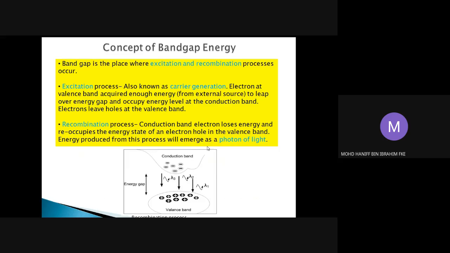This energy emerges as a photon of light, which has its own lambda value, or wavelength. This is what we call the recombination process, which is the movement of the electron from the conduction band back to the valence band. Any questions so far on the bandgap energy and the excitation and recombination processes?